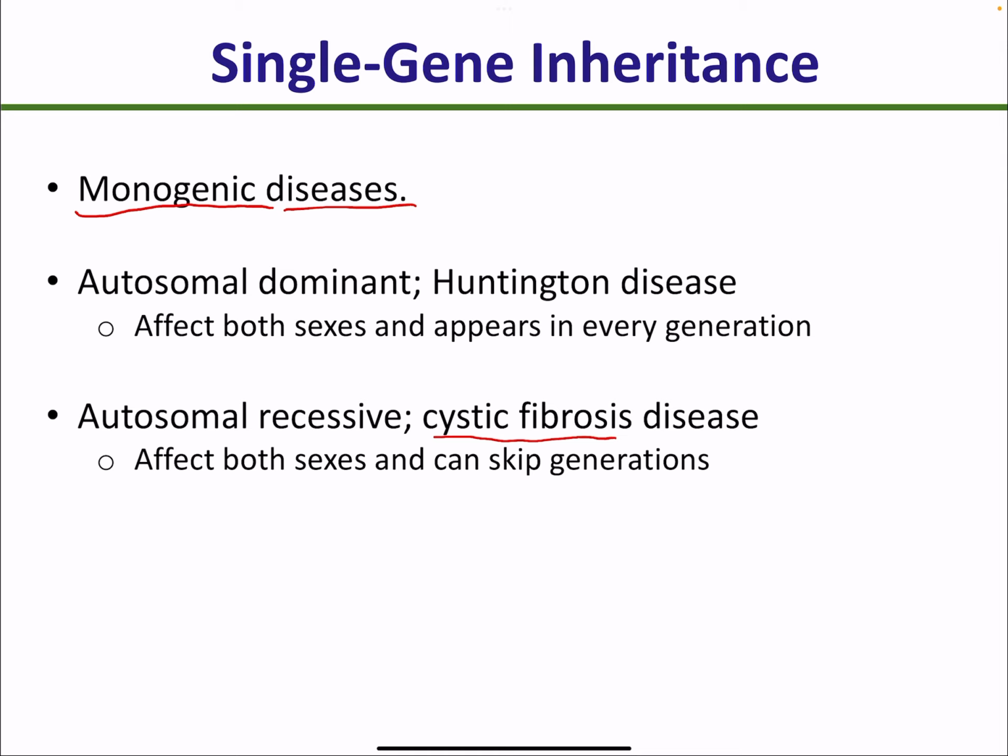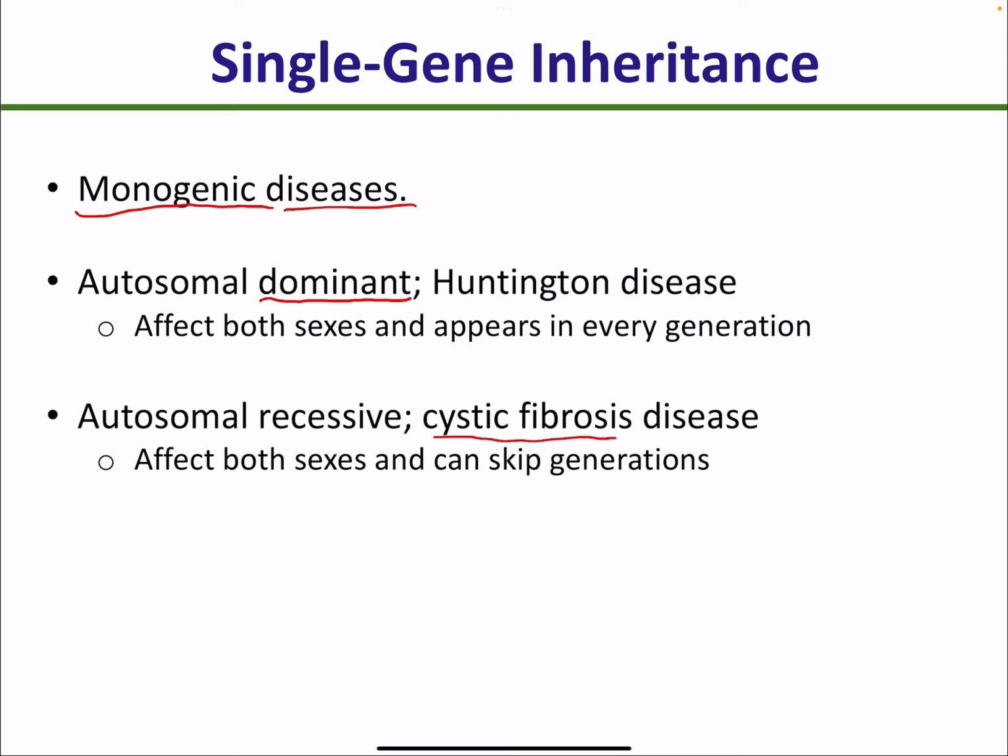Now, the two genetic defects are carried by autosomes, which are chromosomes that are not sex chromosomes, while the Huntington disease is caused by a dominant allele.